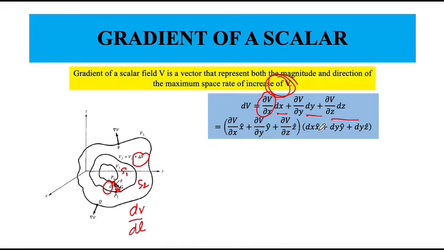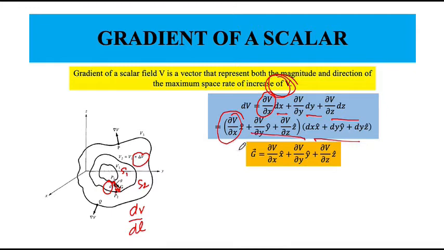Now I am just multiplying by x, taking their unit vectors, for convenience. My partial differentiation of V with respect to x in the x direction, and so on, is my gradient. So this expression I am considering as the gradient. Then my dV is gradient dot dl, this is a dot product.